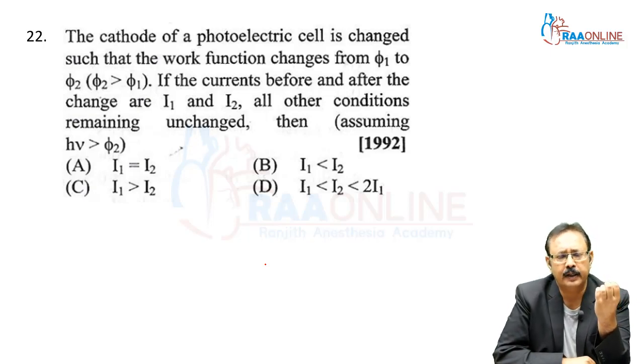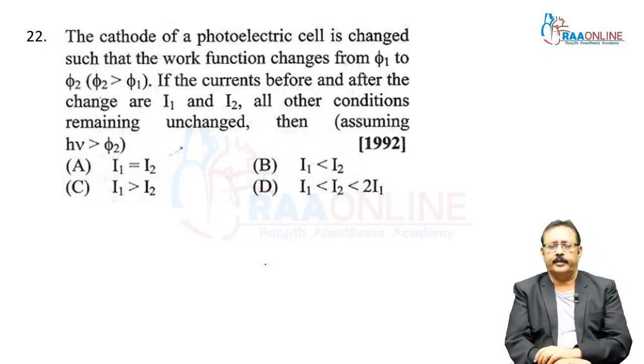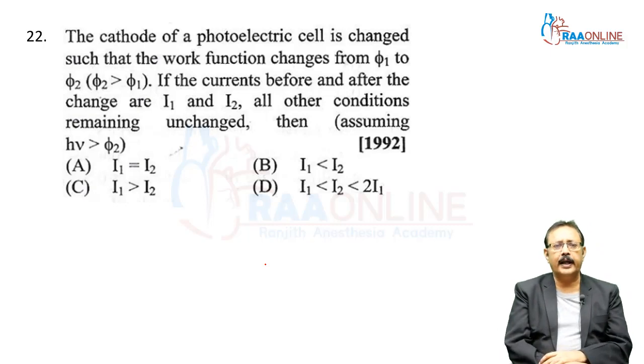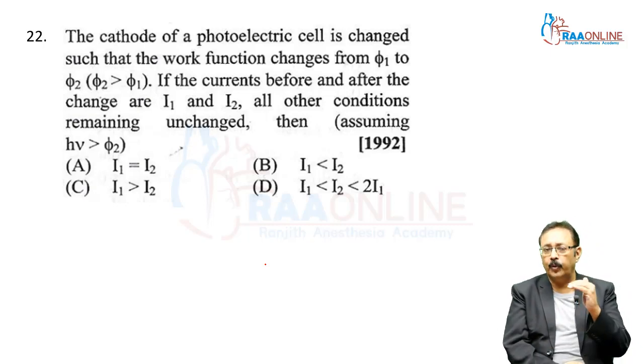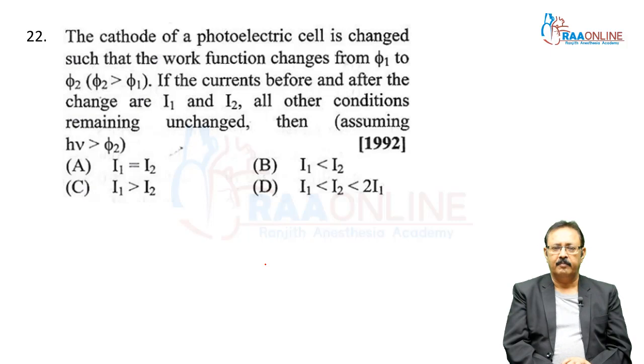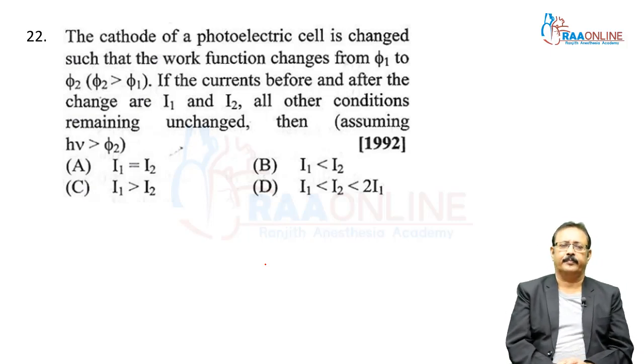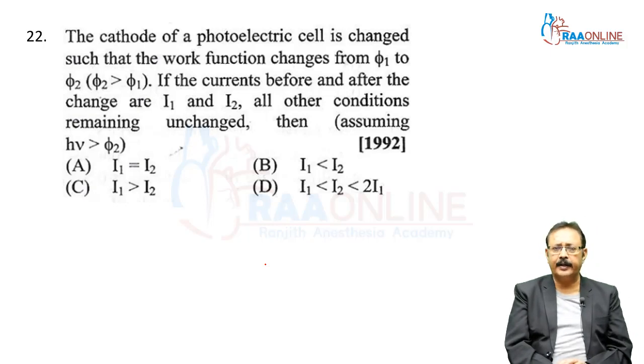If you are increasing the work function, it means now electrons will come out with low energy. But if the intensity of incident light is the same, the photoelectric current will not change, because with the same intensity of light, the same photons are sent towards the metal surface.